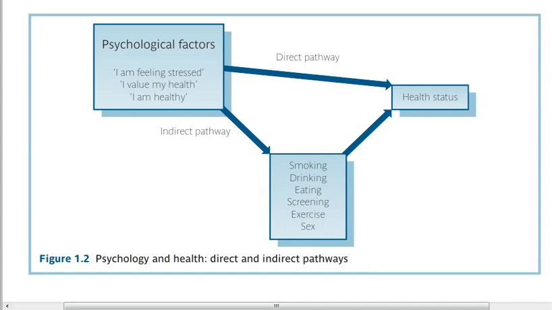I'm feeling stressed. I value my health. I am healthy. Then direct pathway, health status. Indirect pathway, smoking, drinking, eating, screening, exercise, sex.